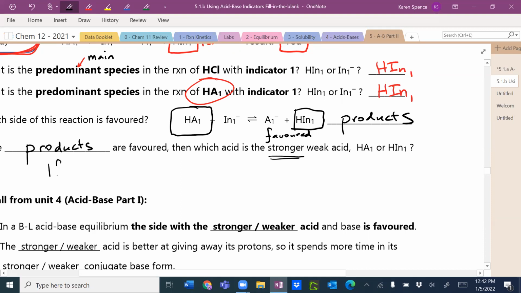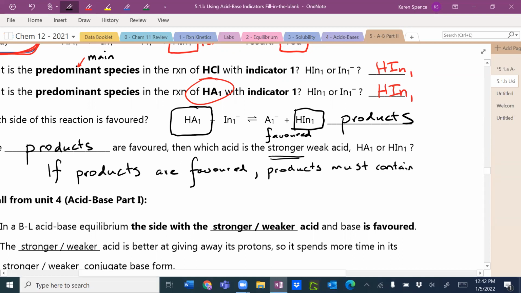If products are favored, products have to contain the weaker acid. Yes, the weaker side is always favored.